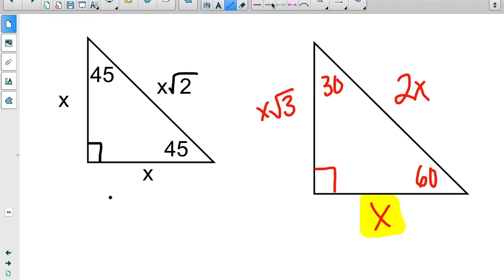Because if I'm given the shortest side length, then I can multiply by 2 to get the hypotenuse, and I can multiply by the square root of 3 to get the side opposite 60. So in the starting setup, if they give you the side opposite 30 degrees, the shortest side length, multiply by 2 to get the side opposite 90, and multiply by the square root of 3 to get the side opposite 60.